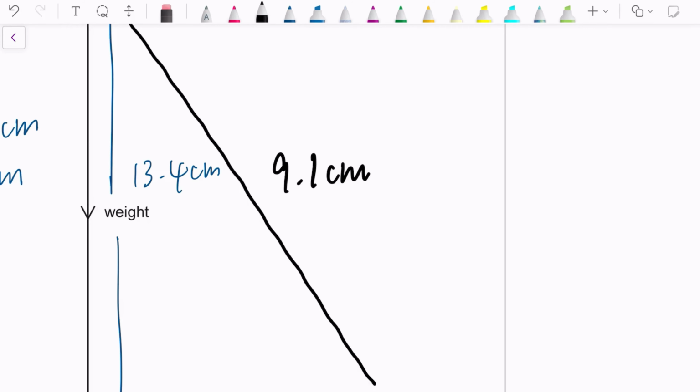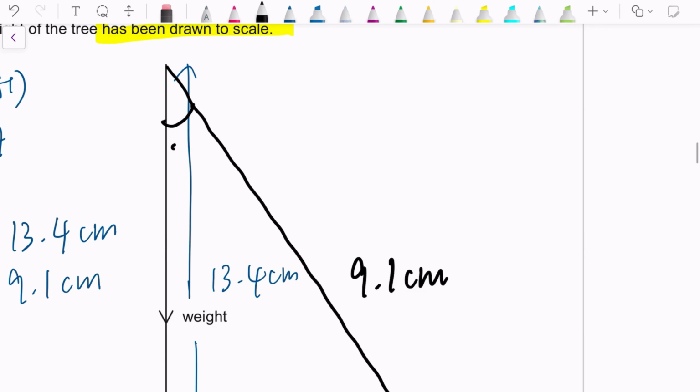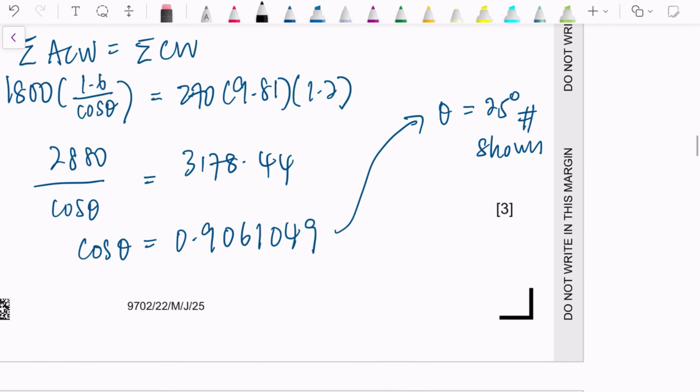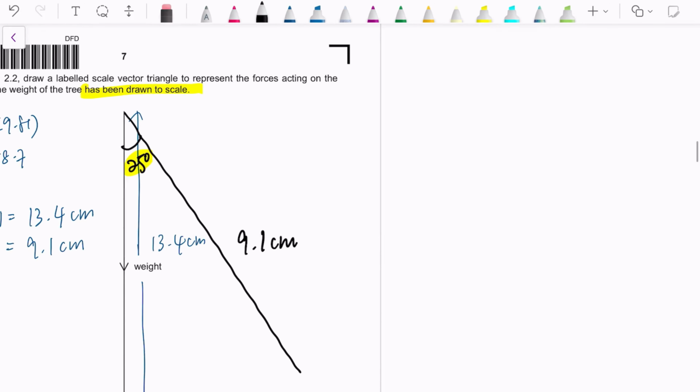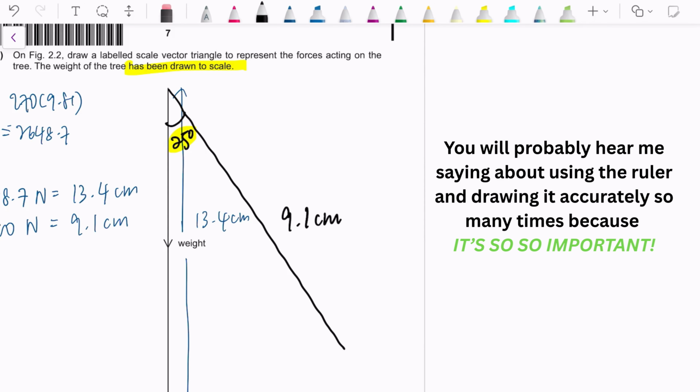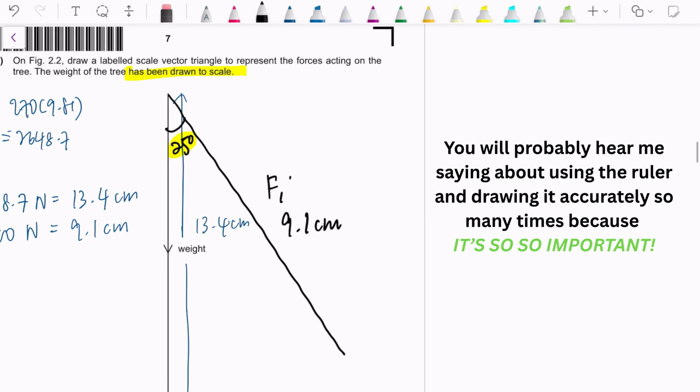And this should be 25 degrees, right? Because you have already found your angle here, 25 degrees. Might as well just put your angle here. Okay, and this is your F. So I'm just going to label here F 1800 Newton.